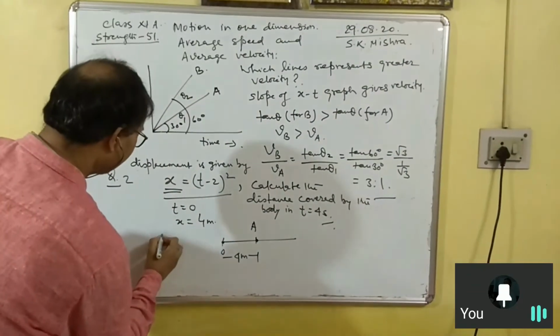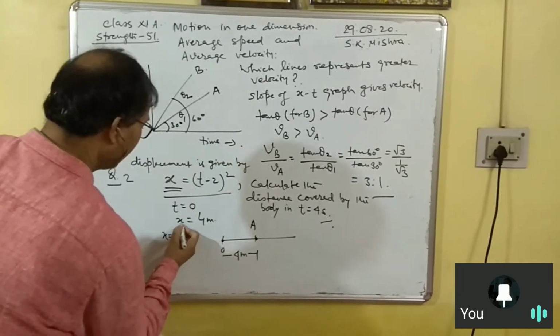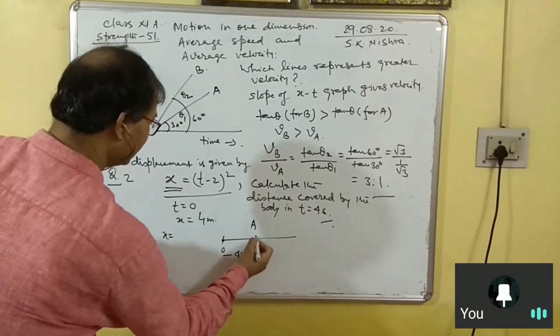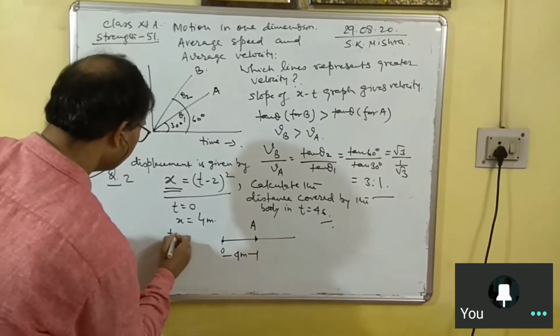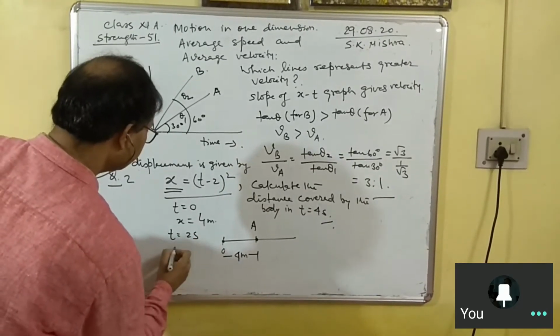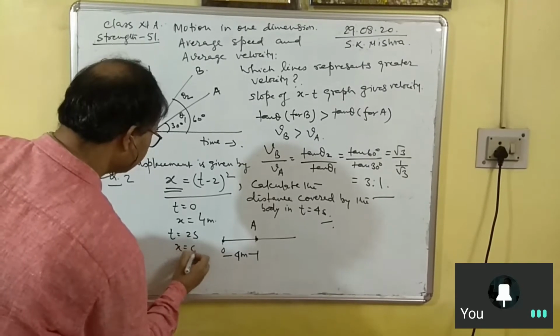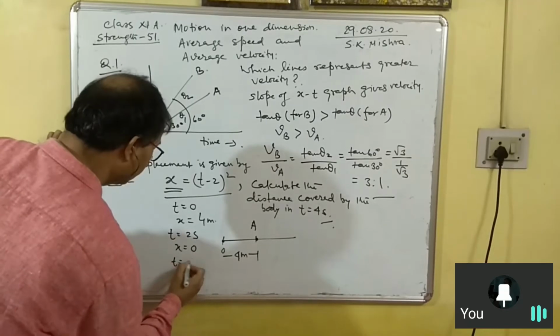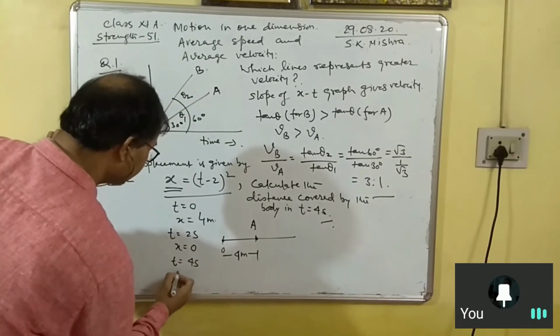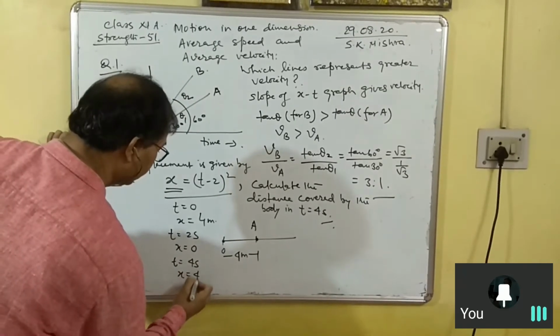At t equal to 0, initially the particle is at 4 meter. Then at t equal to 2 seconds, the distance of the particle from the origin will be 0, and at t equal to 4 seconds, the distance of the particle from the origin will be 4 meter.